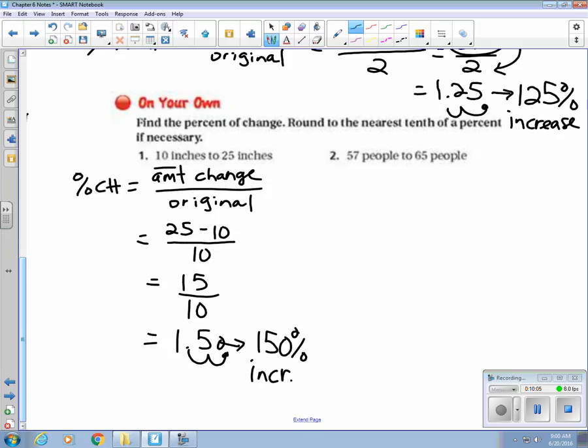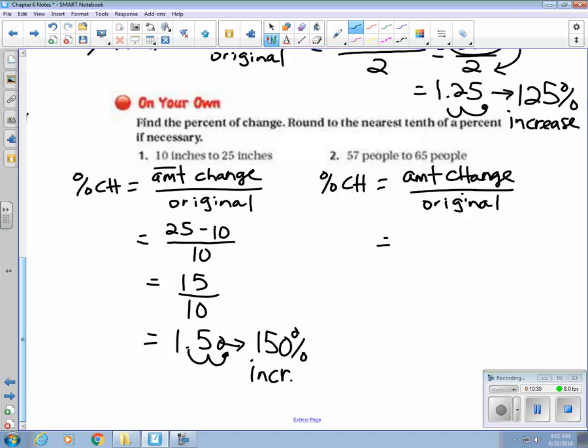All right, we're going from 57 people to 65 people in number 2. So again, I want my percent change equation. Percent change is equal to the amount of change divided by the original amount, and we'll turn that into a percent. All right.